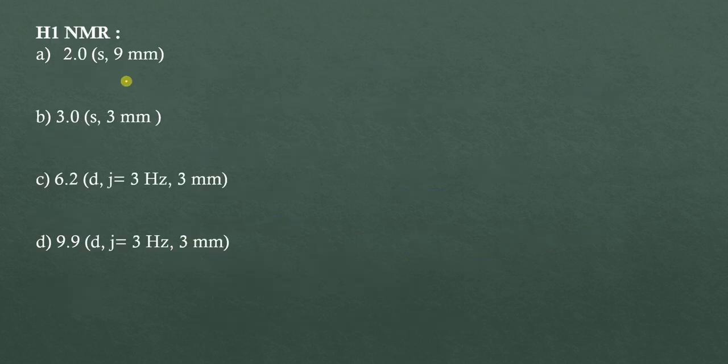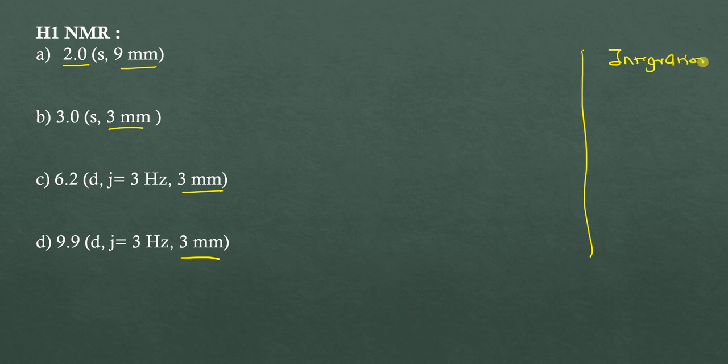Then in H1 NMR we have 2.0 singlet for 9 mm. So here instead of number of protons they have given this 9 mm, 3 mm, 3 mm, 3 mm. So this is called integration. Right, so when we see this H1 NMR spectrum, near this peak you will observe this S-shaped curve.